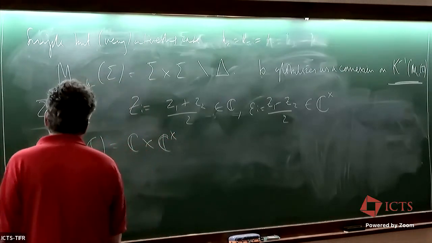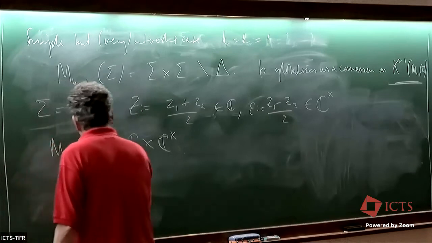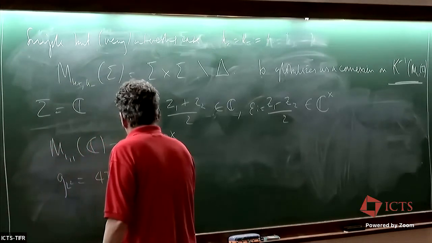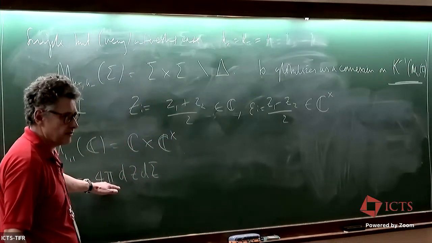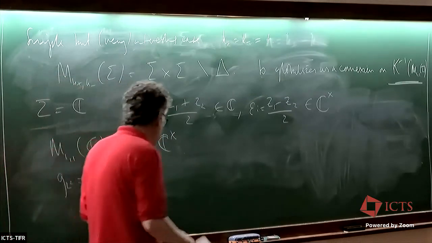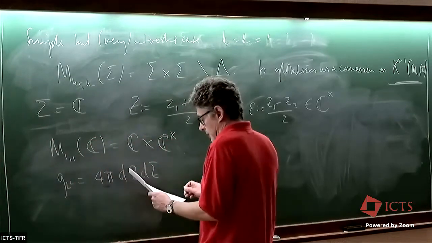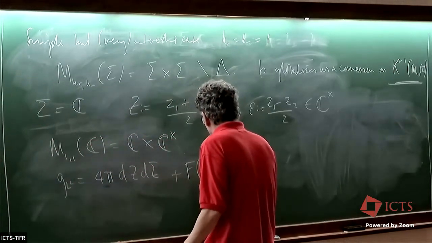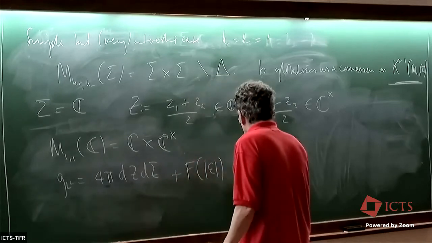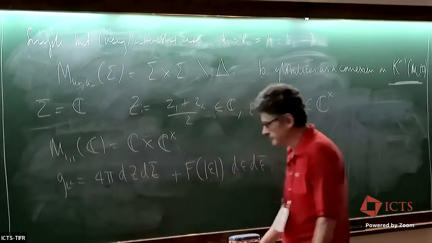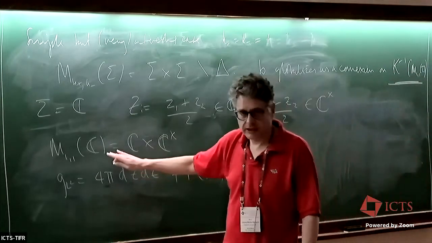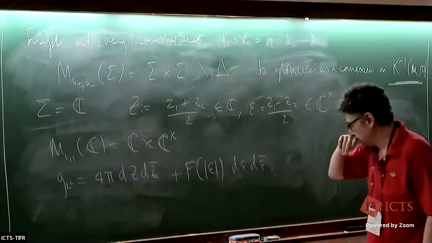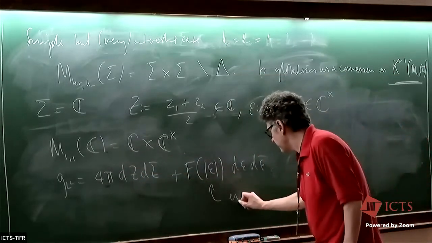And symmetry arguments imply that the L2 metric must be of the form just Euclidean metric with the mass of 2 vortices for the center of mass, plus some function which only depends on the length of epsilon. Okay, so the metric has to look like that just on symmetry grounds, by the obvious action of the Euclidean group on this moduli space. So what we really need to do is extract this function here.